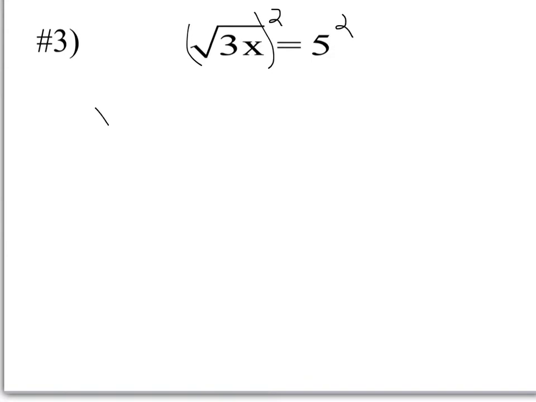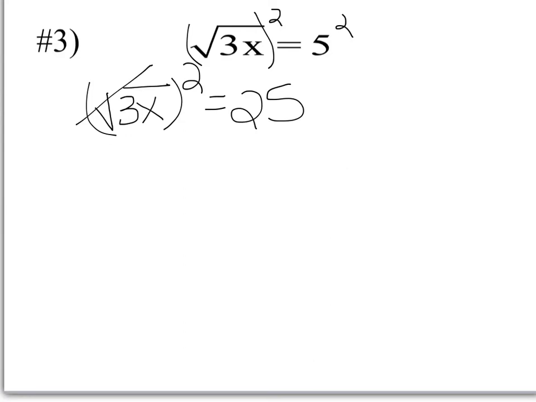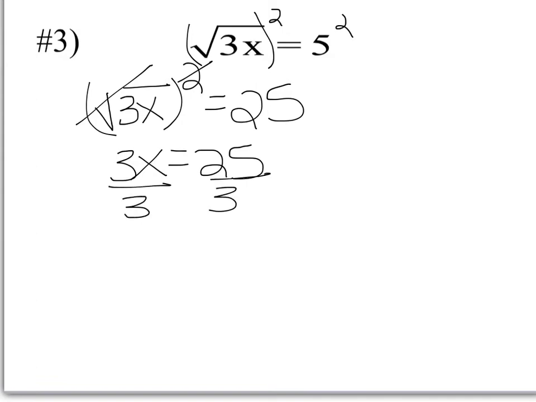So we have the square root of 3x squared equals 25. The square root and the square cancel, leaving you 3x equals 25. Divide both sides by 3, and you get x equals 25 over 3.